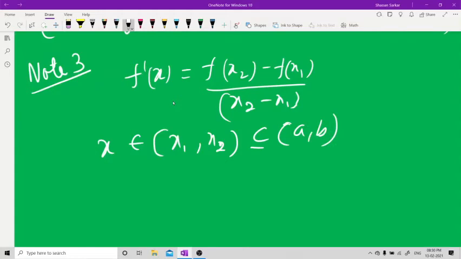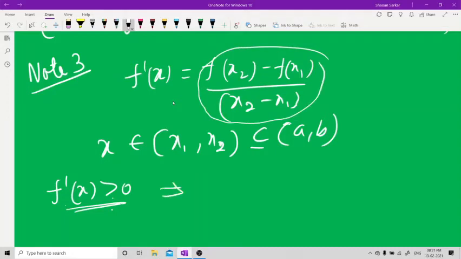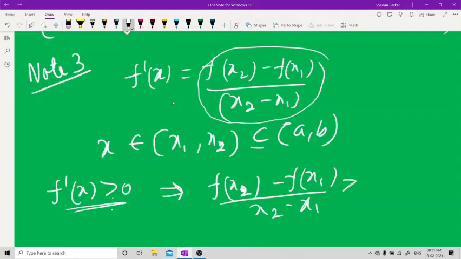Then suppose f dash x is greater than 0, which is the condition for an increasing function. If f dash x is greater than 0, then this whole quantity becomes greater than 0. So fx2 minus fx1 upon x2 minus x1 becomes greater than 0.